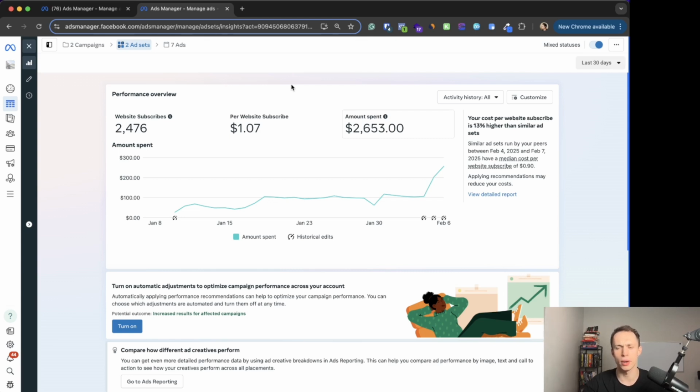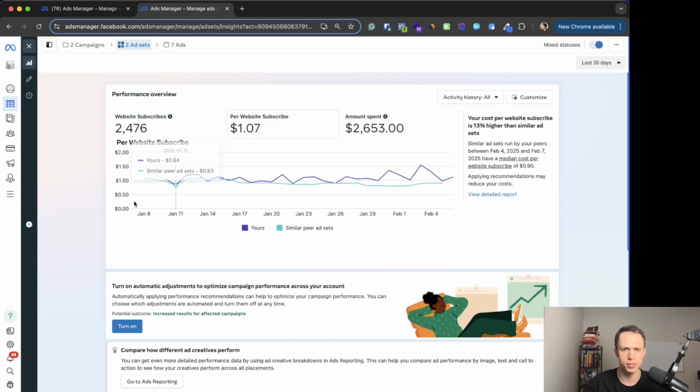In this ad account, it's been a similar situation. We had about $1 CPA, and then in the last few days, early this month, it went up to like $1.30. So it sucks, obviously.